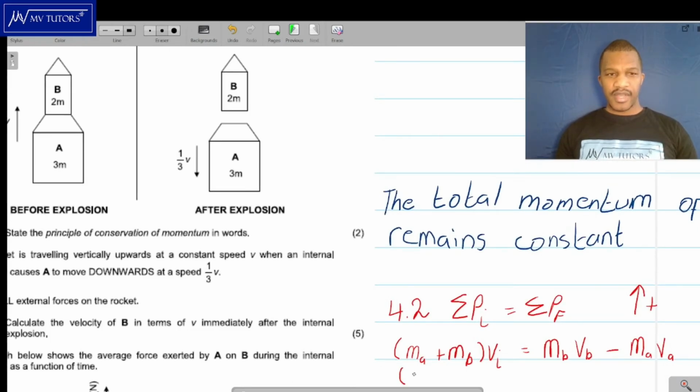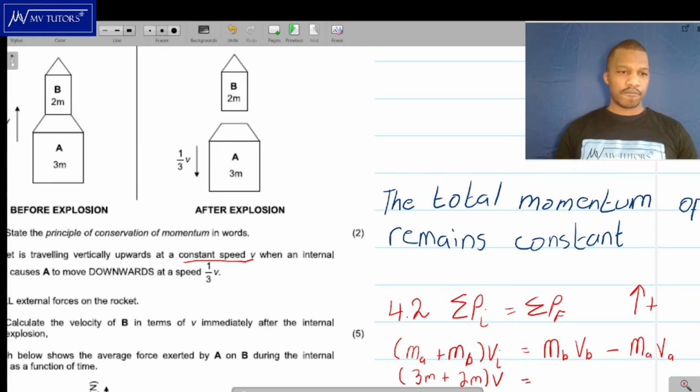So mass A is 3m, plus mass B is 2m, whatever m stands for, I have no idea. And are we told the velocity? All we know is that they are at a constant velocity v. They're going together at a constant velocity v.